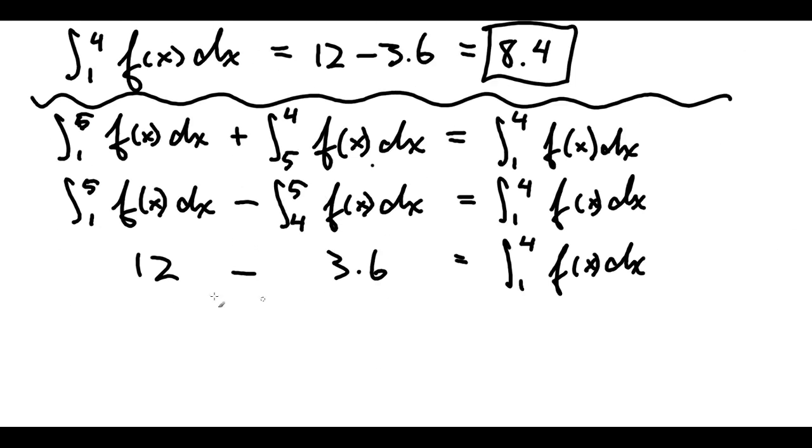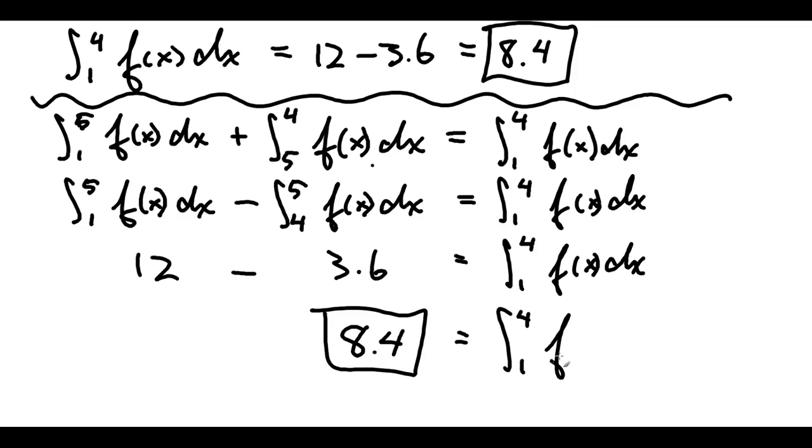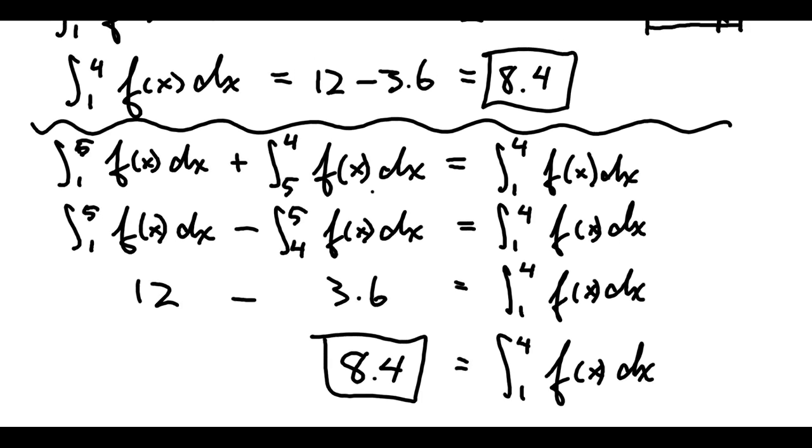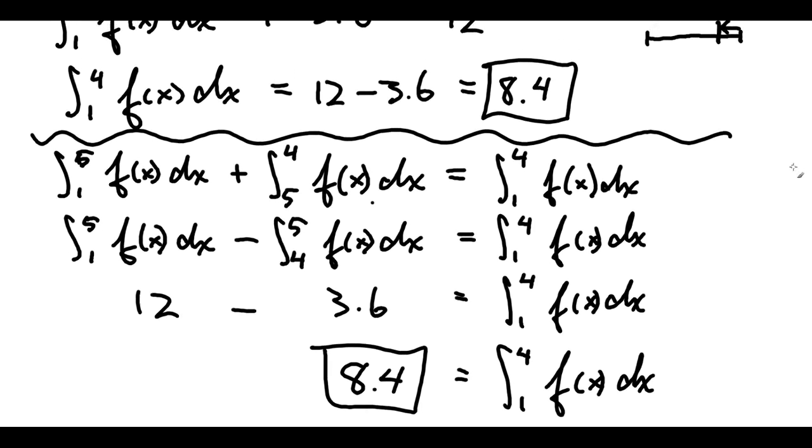And then simplifying, we again get our 8.4. So that's using some slightly different bookkeeping, including that switching around of the bounds there. As we're doing manipulations with integrals, we do sometimes have choices as to which properties we want to invoke and or in what order we choose to do so.